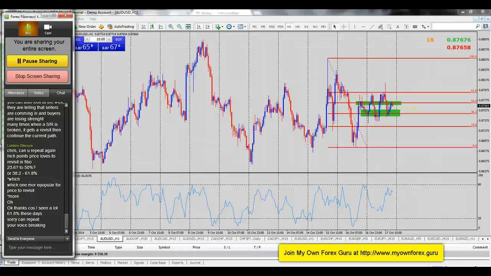Again, 38.2 and 50 are the most common areas. That's where things are happening most of the time. It does go up to 61.8 as you can see on the chart, but 38.2 and 50 are the areas where you should start looking at putting in your sell stops.